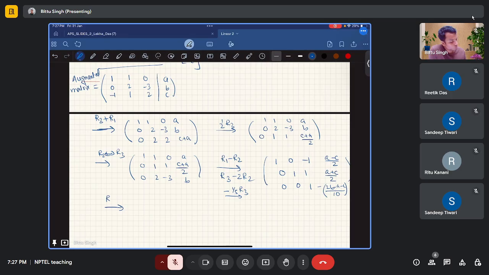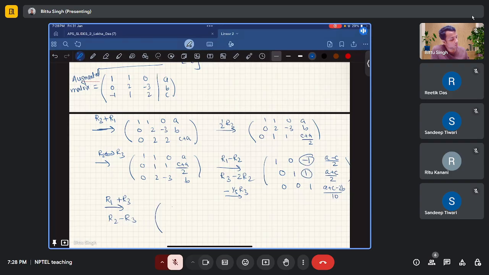We need to do this operation on R2. So just rewriting this will give you a plus c minus 2b by 10. Now R2 minus R3, and first R1 plus R3. This will cancel those two things.